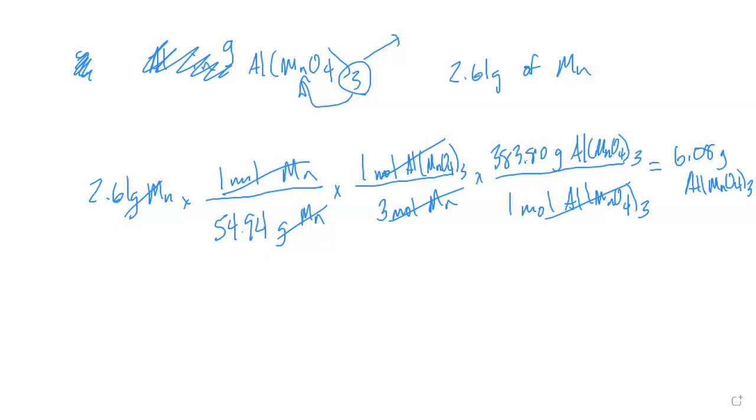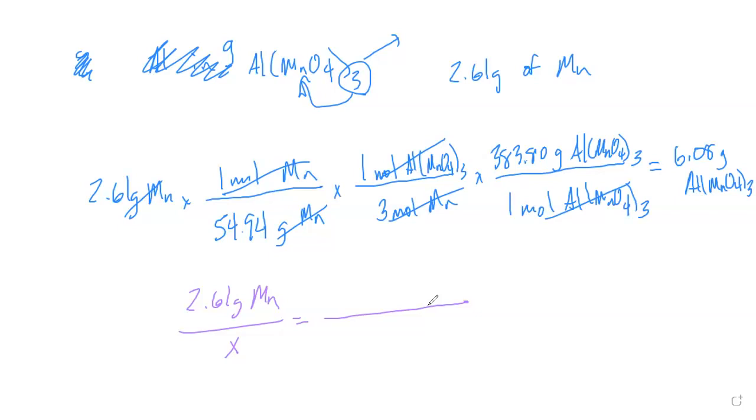Now, the other approach you could take is if you recognize this as a mass percentage, I'm taking a part of a whole, I could apply that same idea proportionally. So from a different lens, 2.61 grams of manganese over X is equal to how many grams of manganese are in aluminum permanganate?